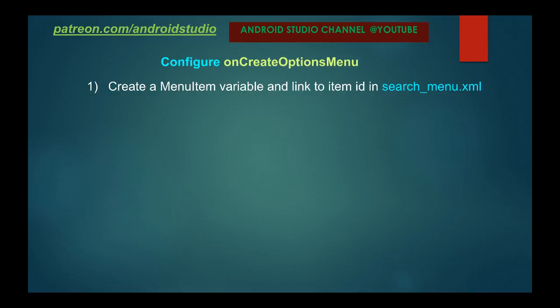So in order for you to configure the onCreateOptionsMenu, you create a menu item variable and link to item ID in search_menu.xml. Actually, you can name the search_menu.xml any name you want, but this is the name that I have made in my tutorial at YouTube.